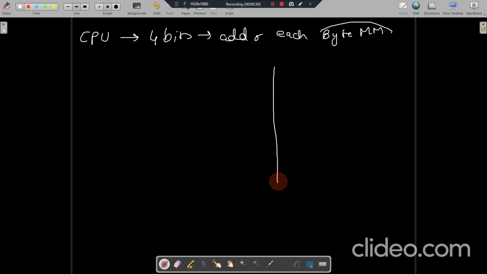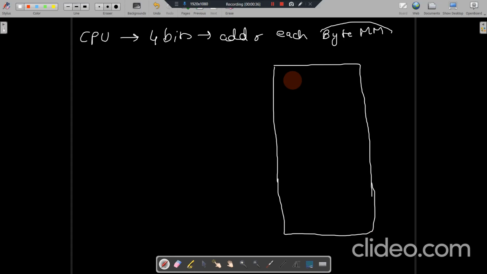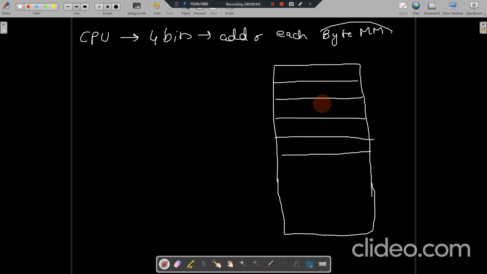Okay, so let us draw the main memory. This is our main memory, and we have bytes here. So each byte is being addressed by what the CPU is generating: 0000, 0001, 0010, and so on, 0011. Okay.